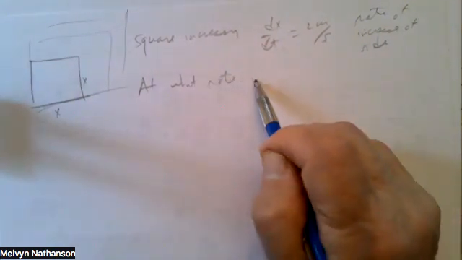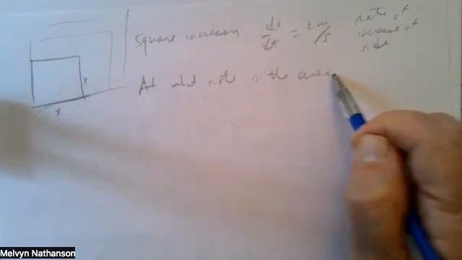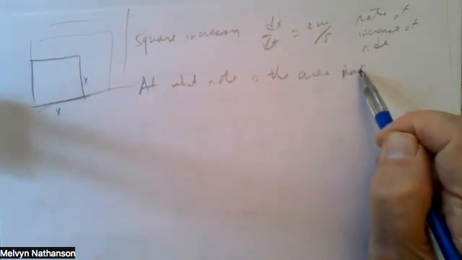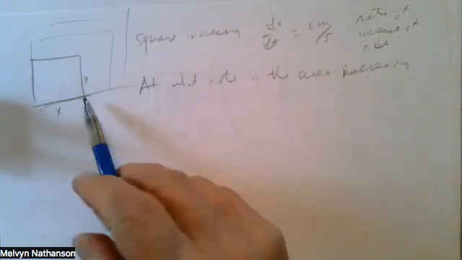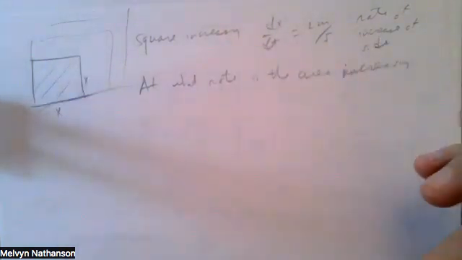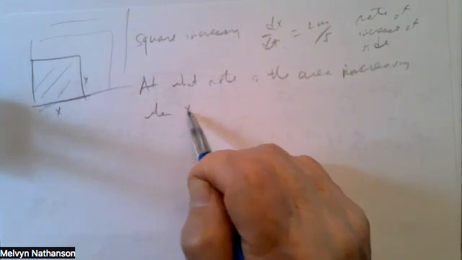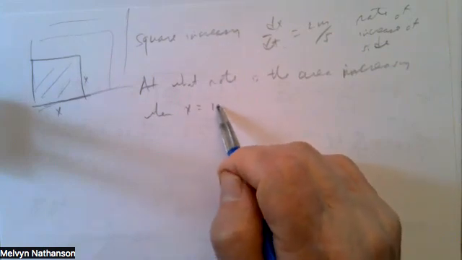At what rate is the area increasing? Because when the sides get bigger, the area gets bigger. When the length of the side is 10 meters long.